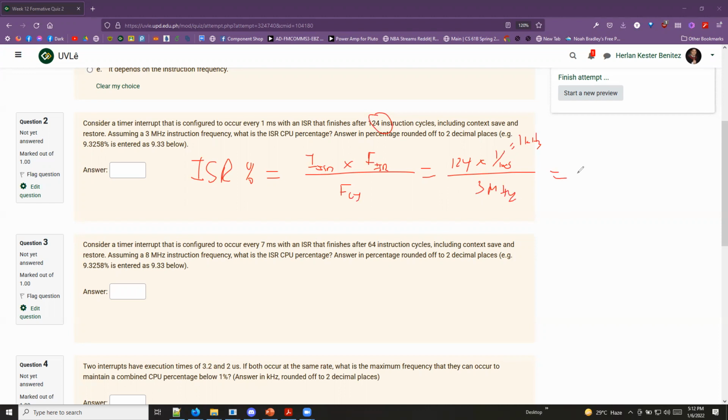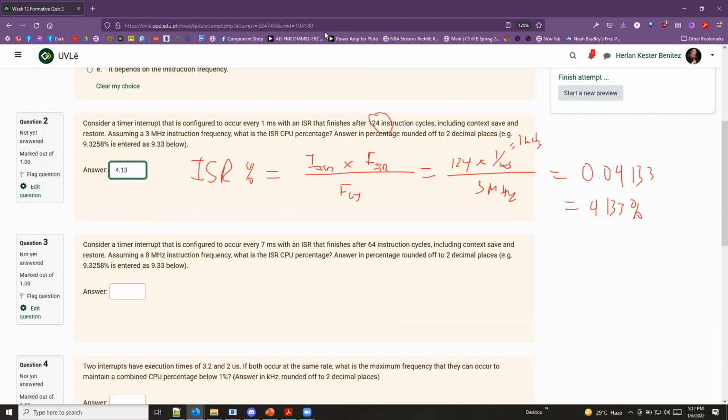So, calculating, that is 124 times 1,000 over 3 million. Answering in percentage rounded off to 2 decimal places, what I get here is 0.04133 or 4.133%. So, what we put here is 4.13.